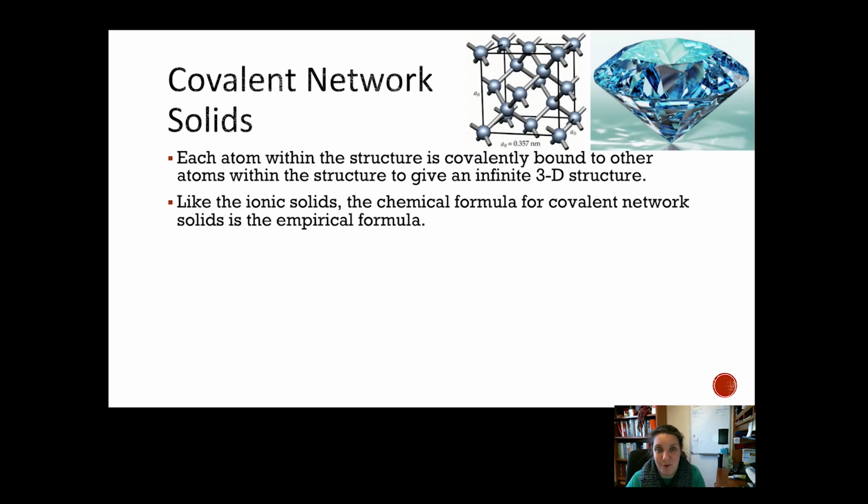Silicon wafers for solar cells, you would just write as Si, even though it is a covalent network solid, so it goes in all 3 dimensions.